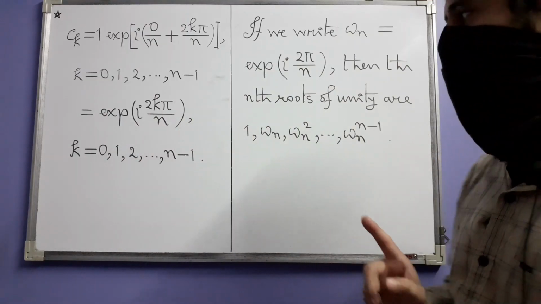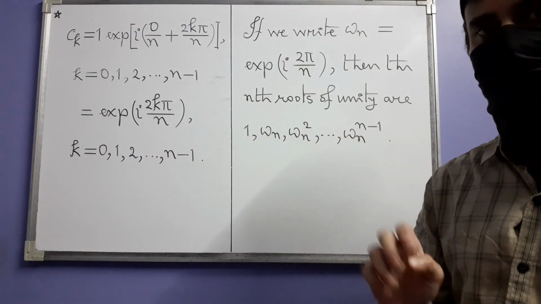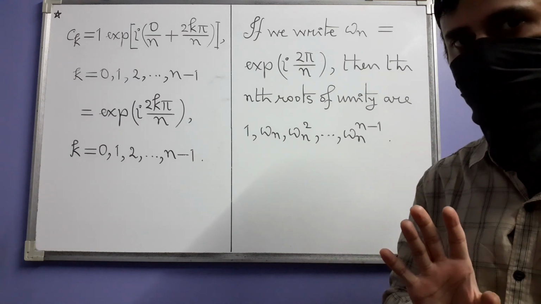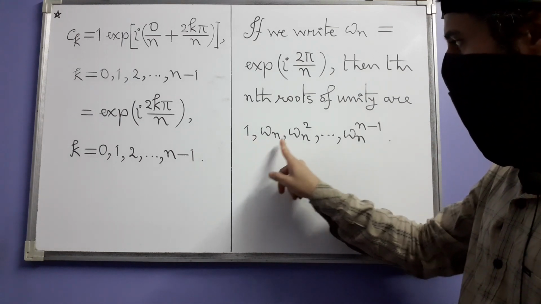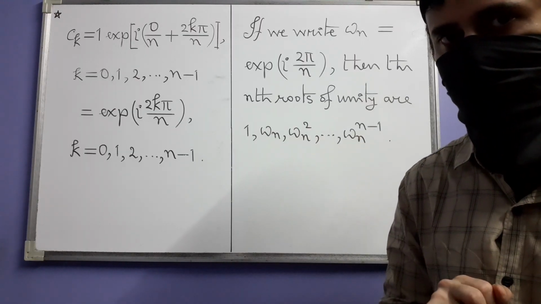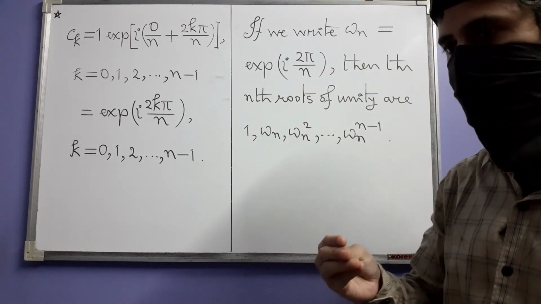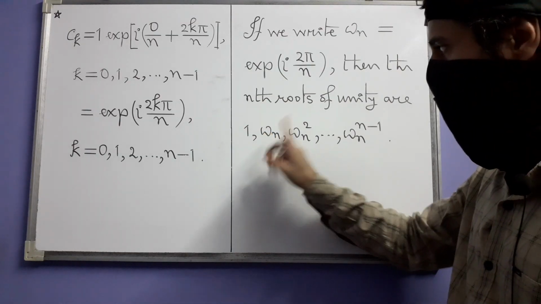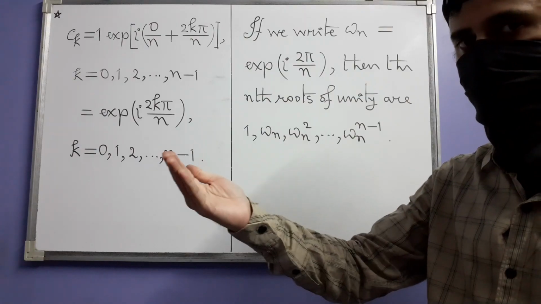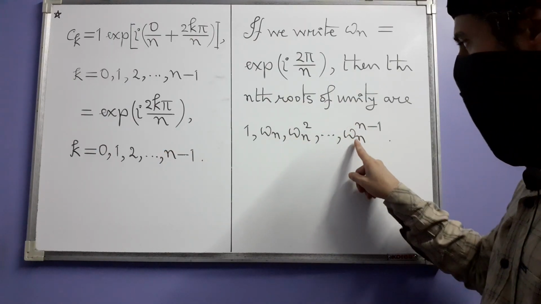So from this fact we get these nth roots in this new form, and in fact this is more familiar to you: 1, omega n square, and so on up to the (n minus 1)th power of omega n. Usually we don't write this suffix n. If it's understood what n is, we write omega. So there you get the nth roots like this: 1, omega square, all the way up to the (n minus 1)th power of omega.